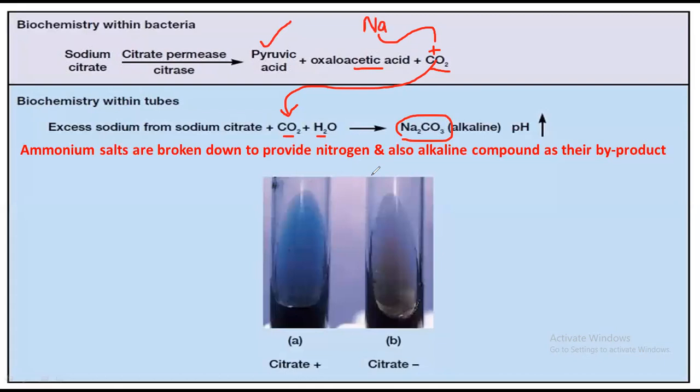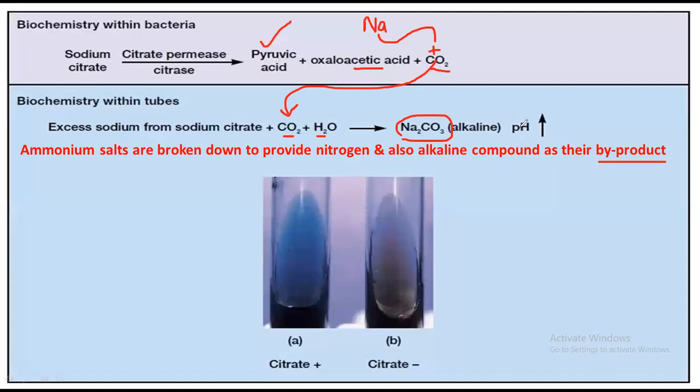So sodium carbonate is released, and other alkaline byproducts are also released. The pH increases, and when the pH increases, the bromothymol blue indicator will change its color from green to blue.